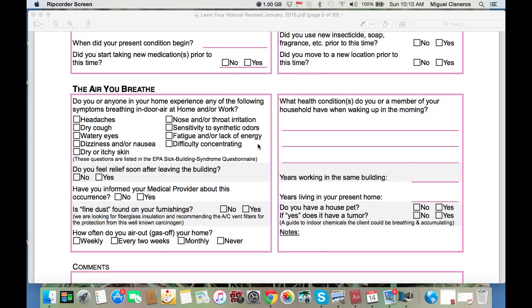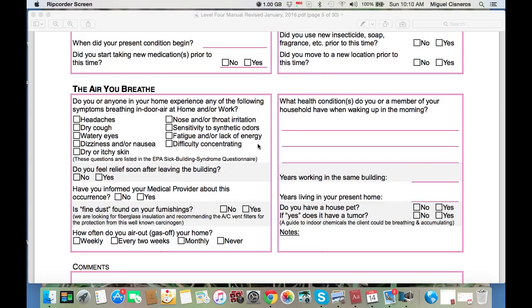Have you informed your medical provider about this occurrence? Many times they don't, and many times they do, and usually medical providers are not aware of this, they just go on to the next subject. So we want to make sure that if we catch any illnesses that is caused by indoor air, they do tell their medical providers and they're getting informed.